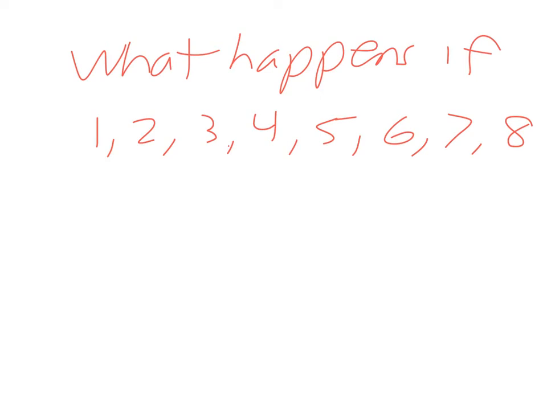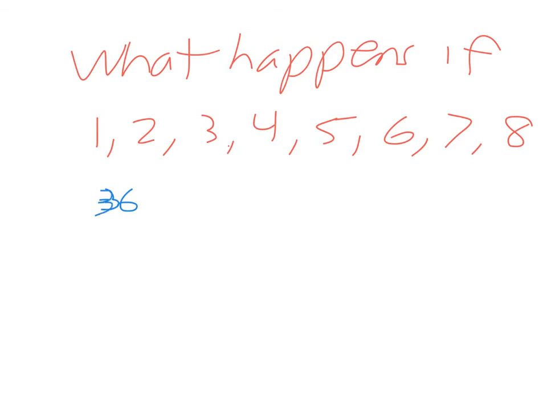All right, let's see how well you did with this. If you did it correctly, you would have added 1, 2, 3, 4, 5, 6, 7, 8 all together, and you would have gotten 36.